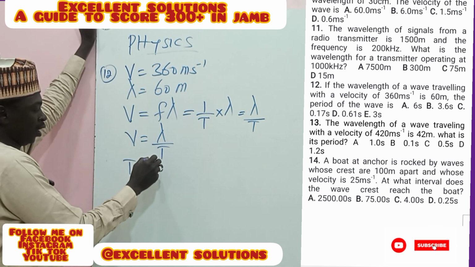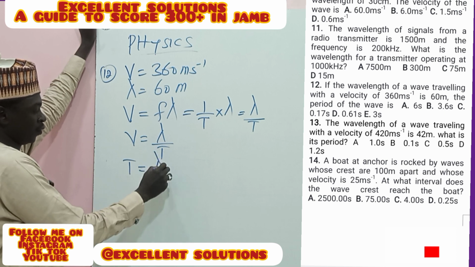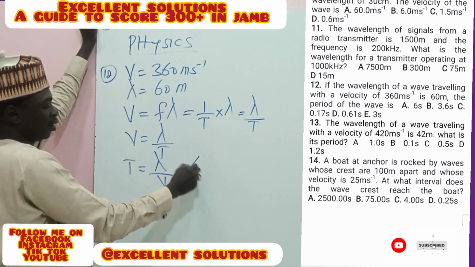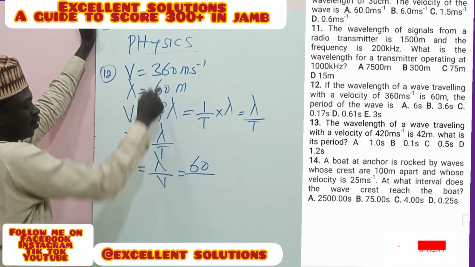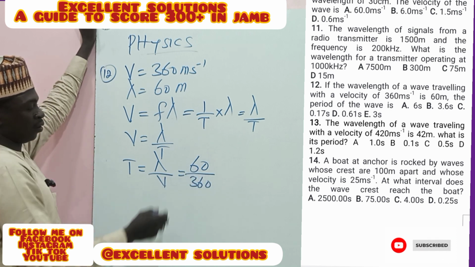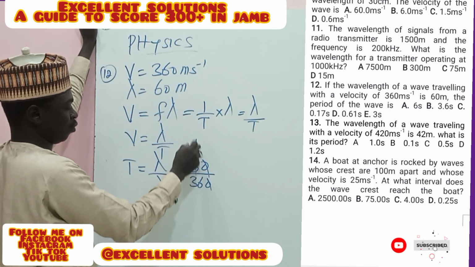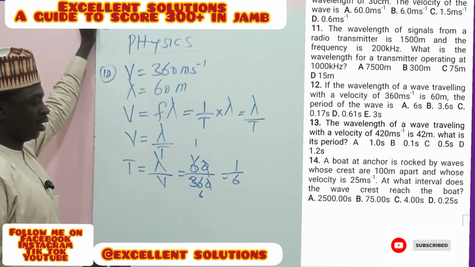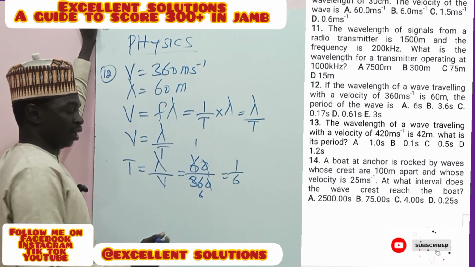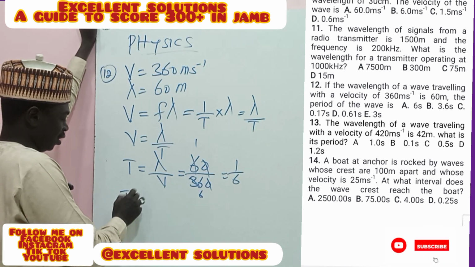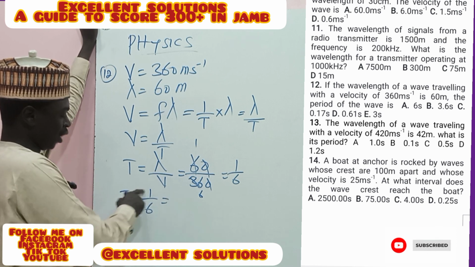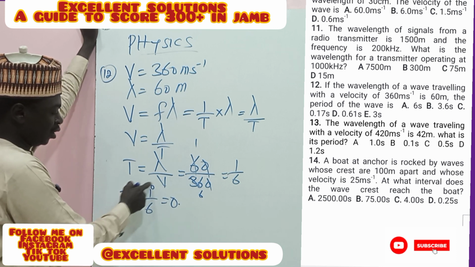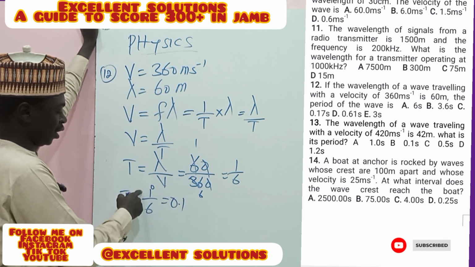If V equals lambda over T, making T the subject, we have T equals lambda upon V. Our lambda is 60, divided by our V, 360. So 0 cancels 0, and we now have 1 over 6. 1 divided by 6, we cannot have a whole number, so we put 0 point, make this 10. 10 divided by 6, we have 1 remainder 4.